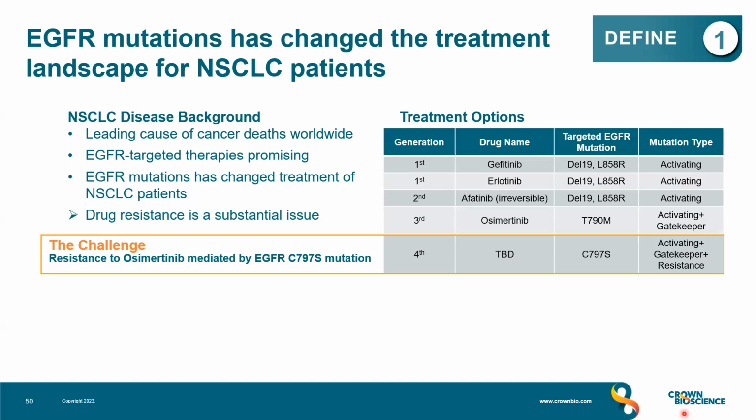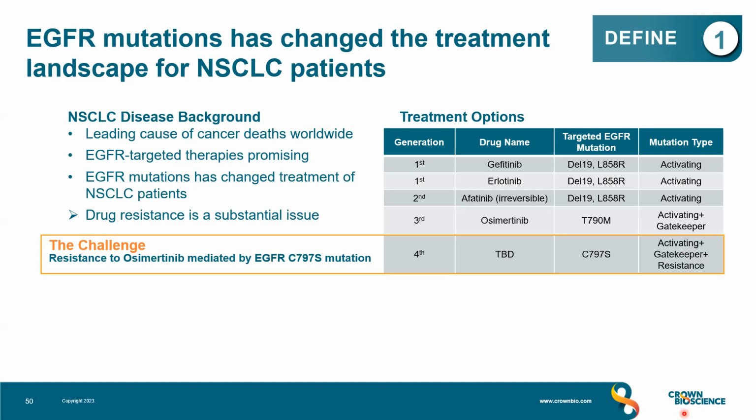And so the discovery of EGFR mutations has made a dramatic impact on the treatment options for patients with non-small cell lung cancer. And the EGFR targeted therapies have shown considerable promise, but drug resistance really is a substantial issue here.